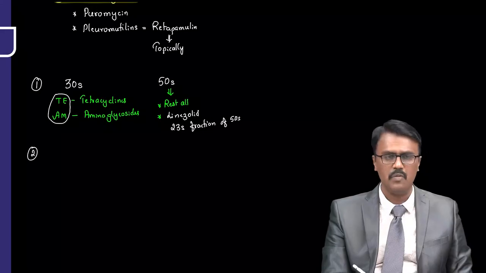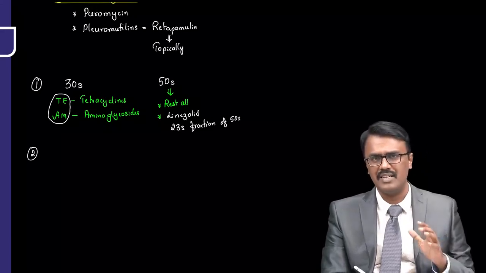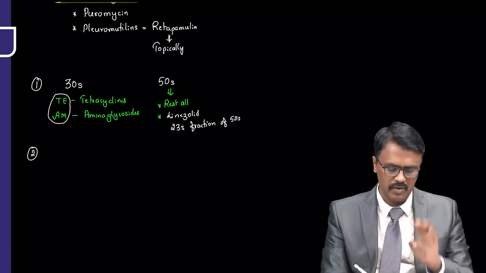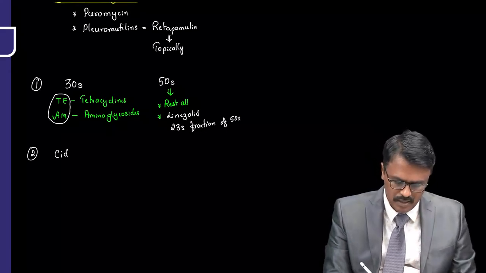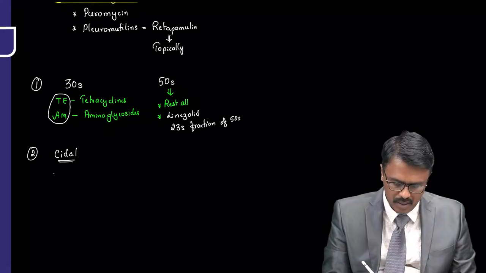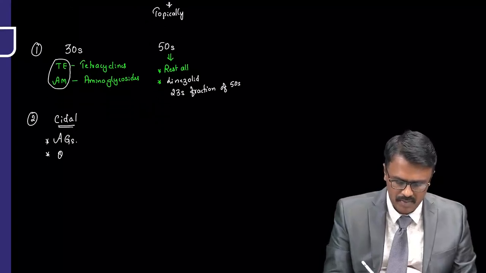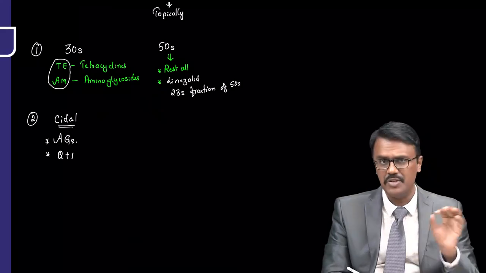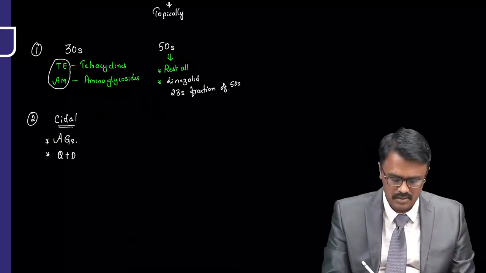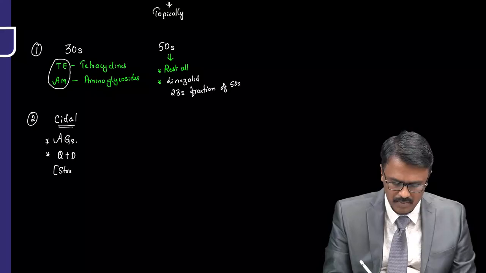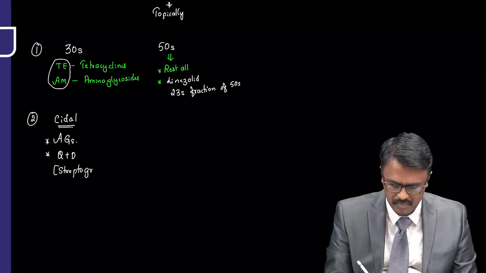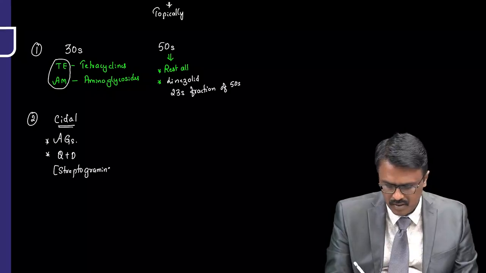Second question is, which of these protein synthesis inhibitors are cidal? I am talking about the four things what I have written. Now the aminoglycosides are cidal, AGs, and a combination of quinupristin plus dalfopristin. Individually they are static, but the combination is cidal, so we call them as streptogramins. Right?